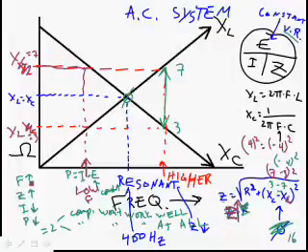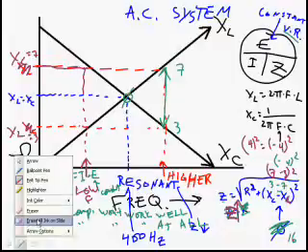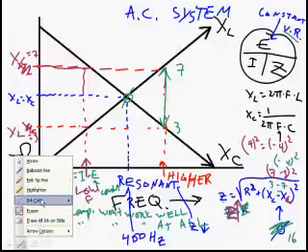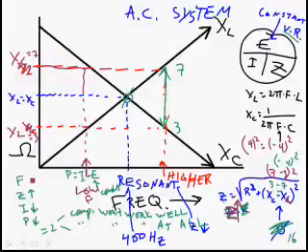Well, if the frequency goes down, we still have a big difference between XL and XC, so the difference here is still great. Z goes up, so Z still goes up.